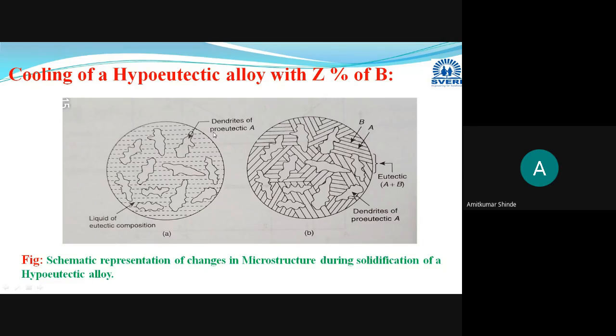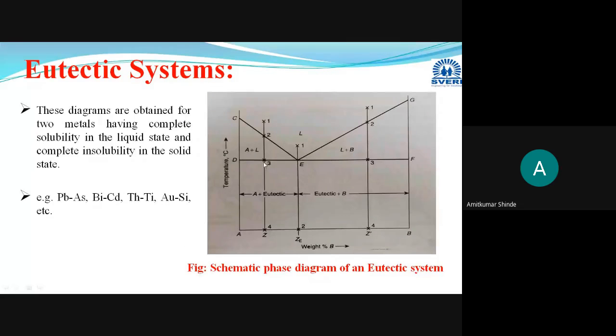Why is this termed proeutectic, free, or primary? Because this element A has been separated in this 2 to 3 region. Element A is separated before point 3. This means the actual eutectic transformation process will occur at this horizontal line, DEF.